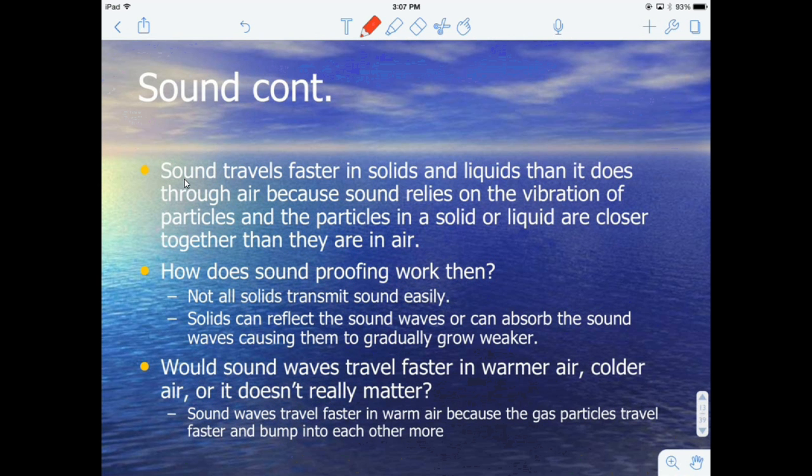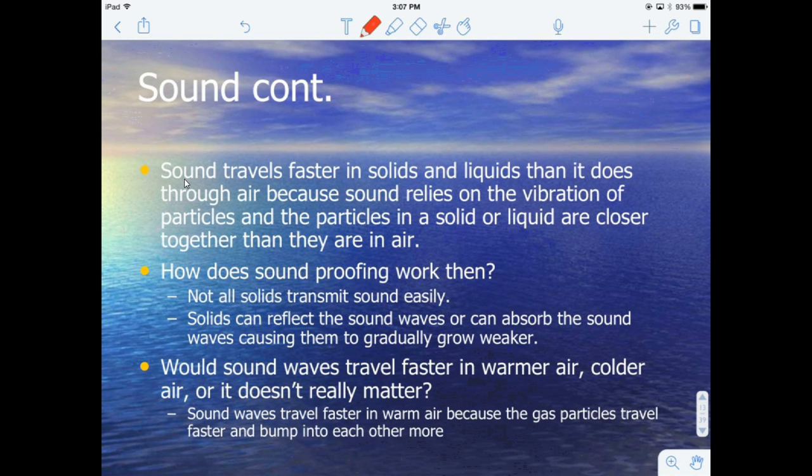So when sound pulses through a solid or a liquid, it can go by pretty quickly because energy is being passed from particle to particle. And so sound actually travels faster through solids and liquids than it does through air.